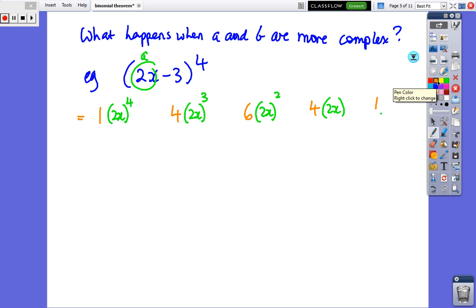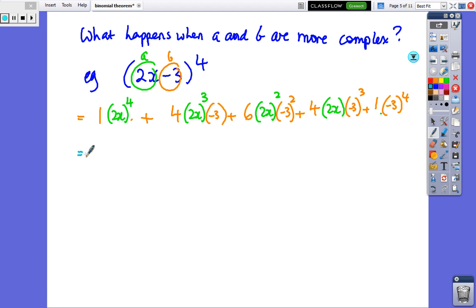And this is b, so no B's, 1 B, 2 B's, 3 B's, 4 B's. Just put pluses in again, and the minus signs will take care of themselves in a sec.